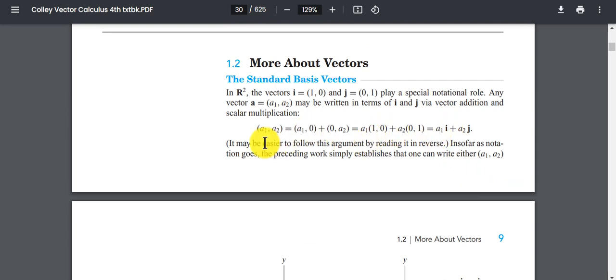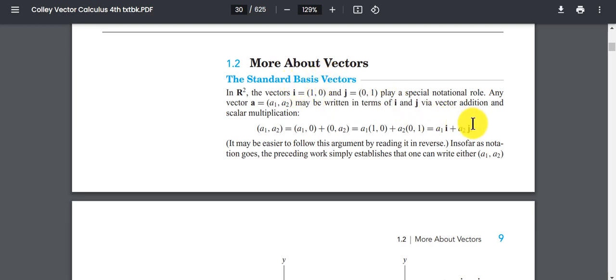So in both cases, we see that a1, a2 can be written as the sum of this piece and this piece. This piece has i, and this piece has j. So we can say that any vector a1, a2 can be broken up into the sum of basically 2 standard basis vectors.